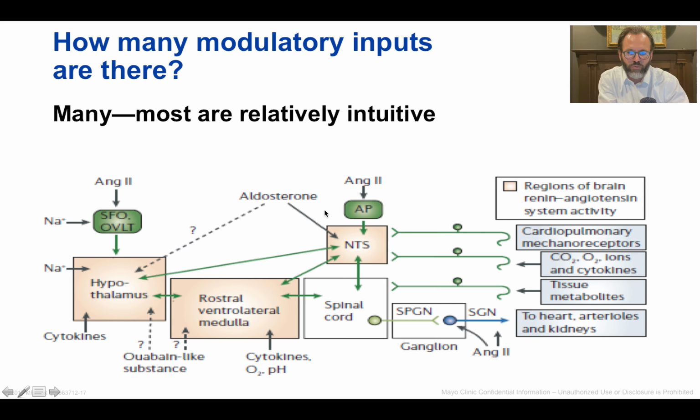And again, angiotensin 2 being a major one here to have a central impact on influencing whether the body is going to try to maintain pressure in response to a significant physiological or pathophysiological stress.